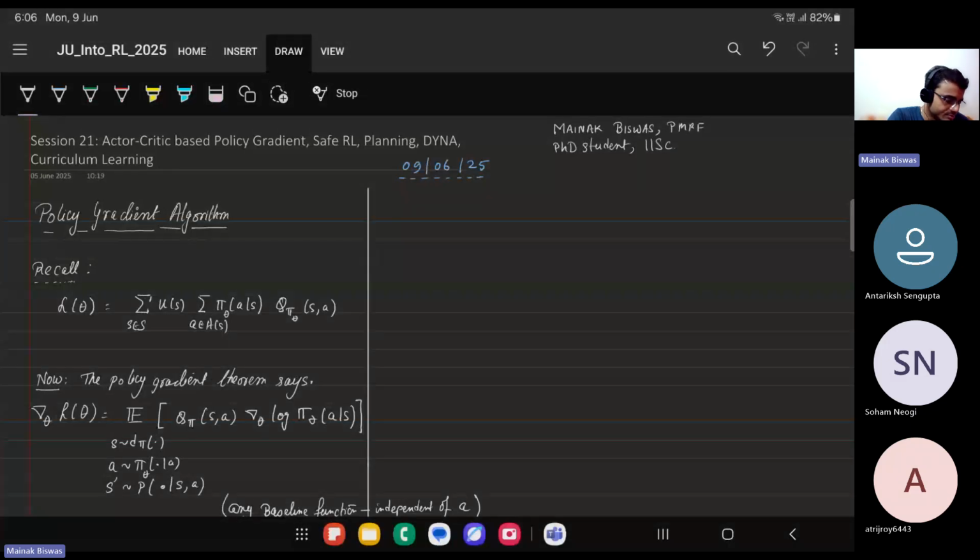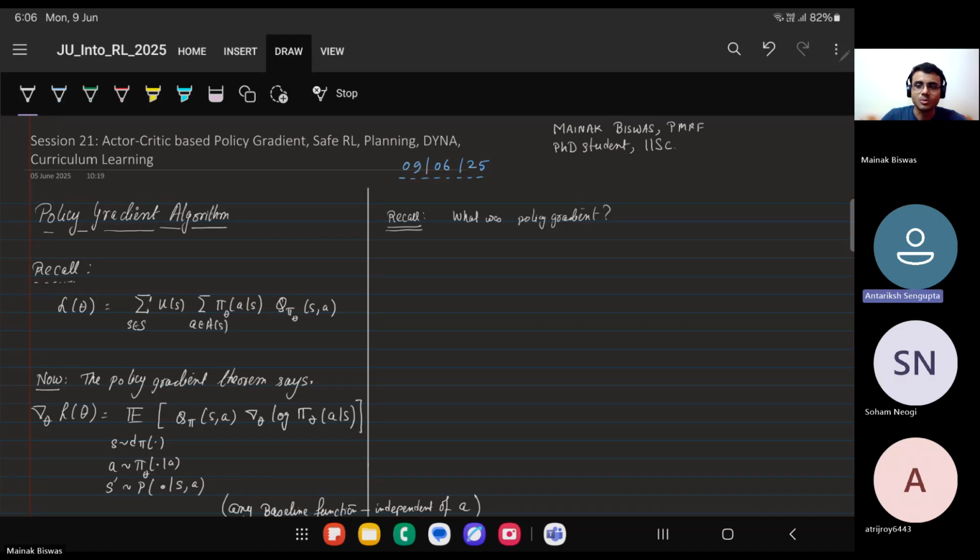If you recall, what was policy gradient? We had the probability function for the maximum likelihood of the action.